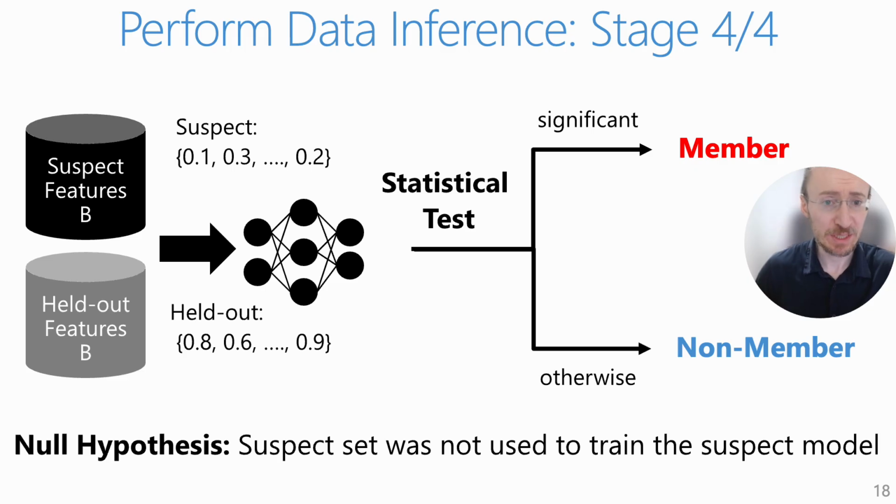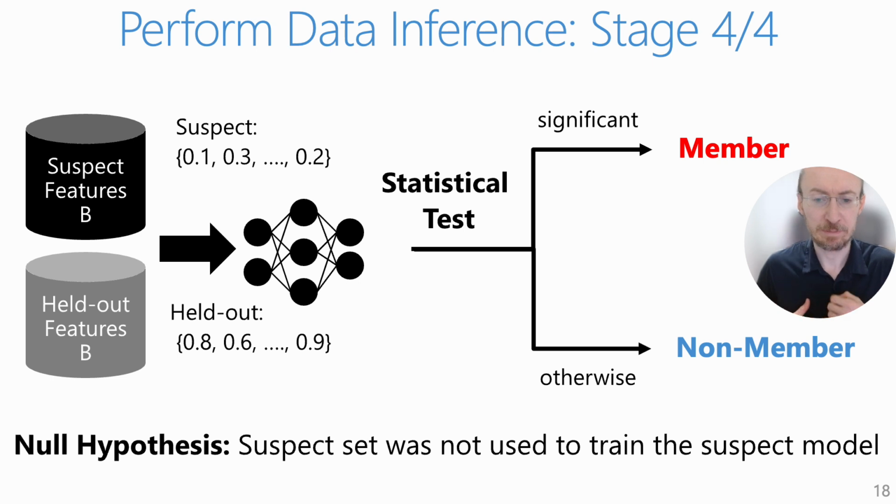So we use the B-splits of the suspect and held out set. We extract their membership features from the suspect LLM, and we compute the scores using the scoring model and aggregate these final scores. Then we apply a statistical test. For example, it can be a t-test or a test based on e-values, and then we use the obtained scores to compute the statistical significance.